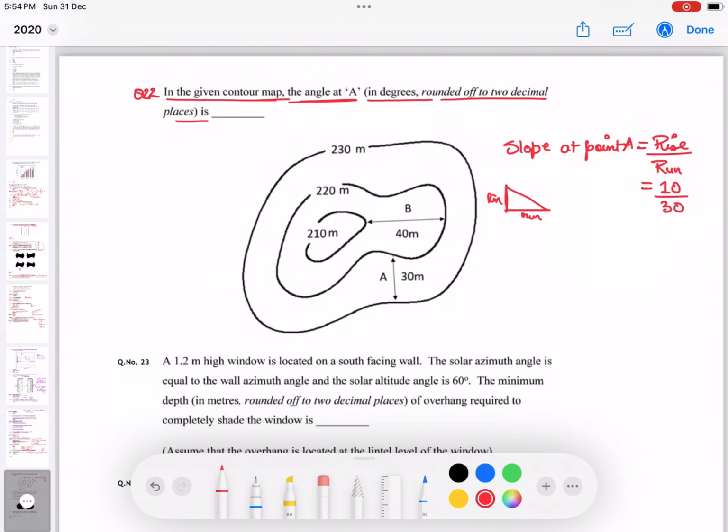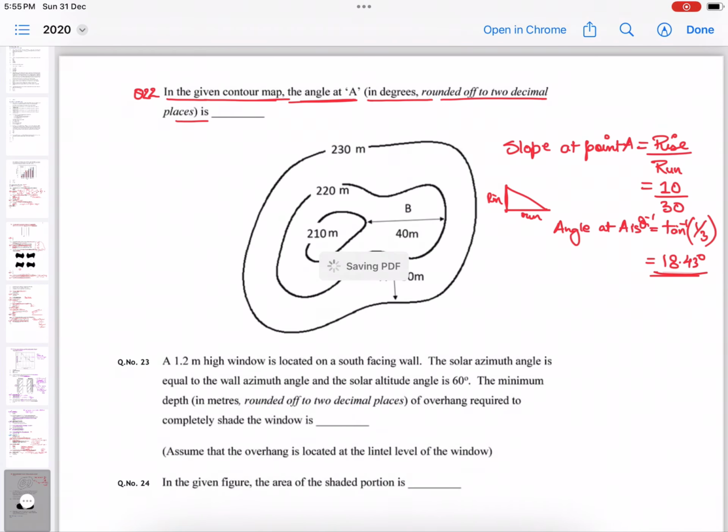So the angle at A is theta equals tan inverse of 10 upon the run, and you can solve it: 18.43. So the answer is this. It's very easy, everything is given here. You just have to put the value and you get the answer.